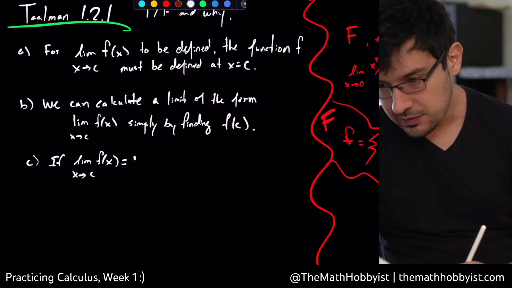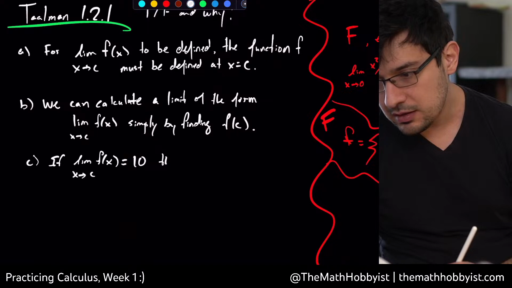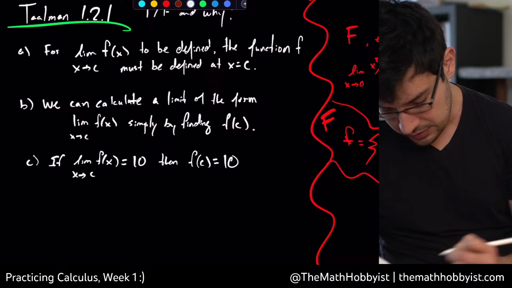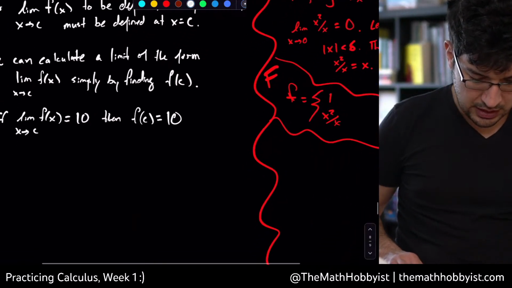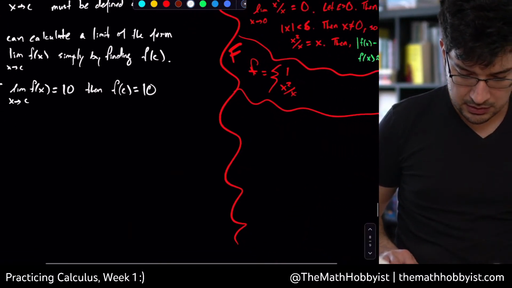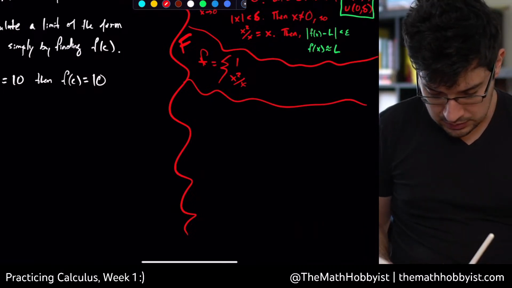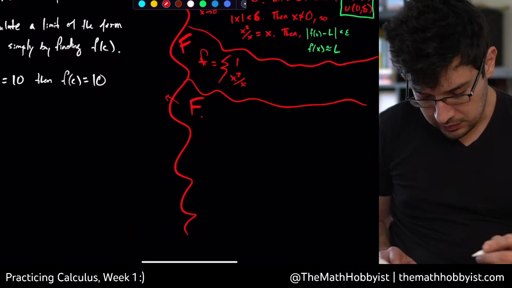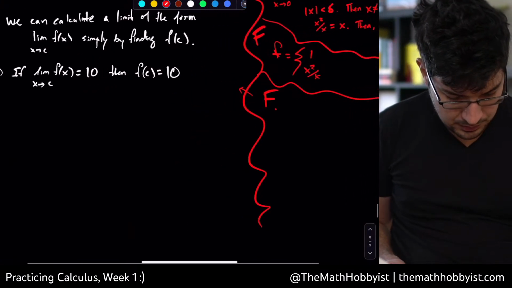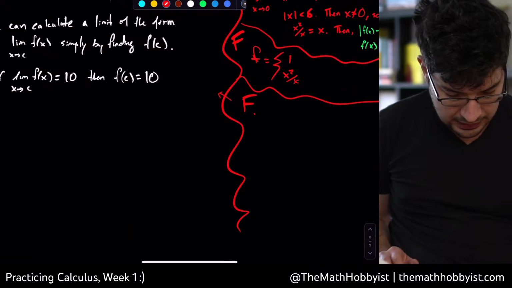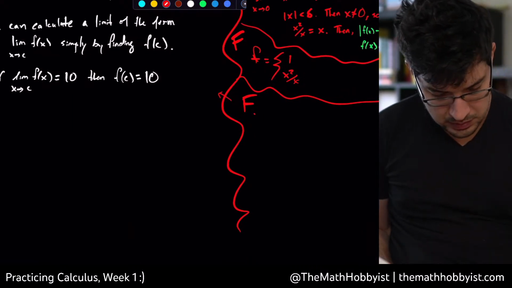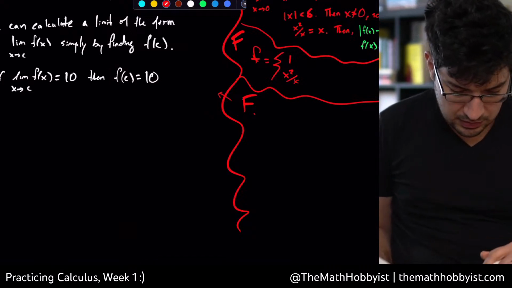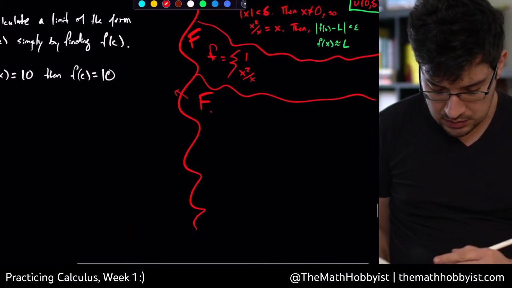If the limit of f of x equals 10, then f of c equals 10. Okay, no. Again, that's not accurate. Let me try to write it for this one. False. We need a function where the limit is 10, but the value is not 10.